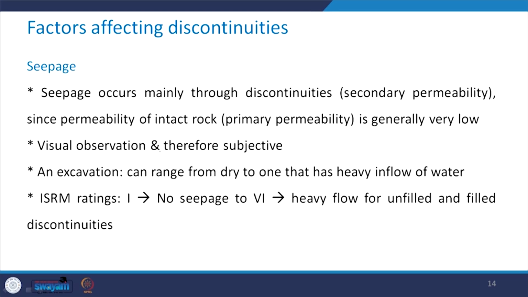Next factor which influences the discontinuity is seepage. Very, very important. You know that wherever water comes into the picture, the property of naturally occurring material, for example soils and rocks, is greatly influenced by this water, and seepage is one of the phenomena which occurs mainly through the discontinuities.